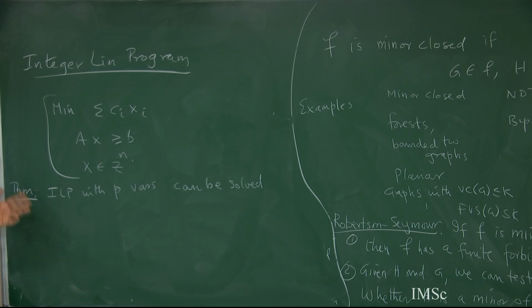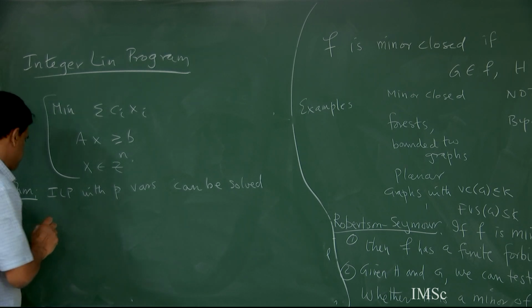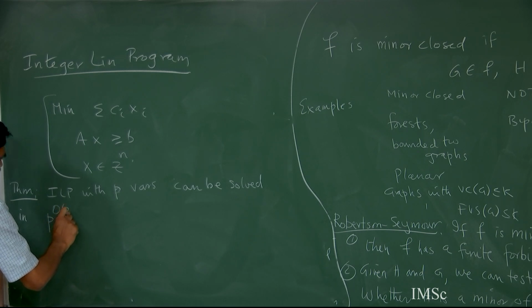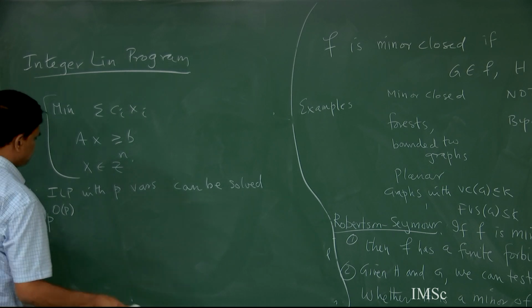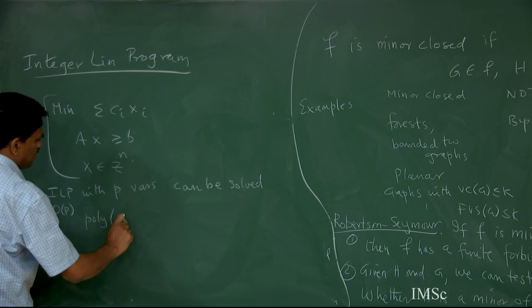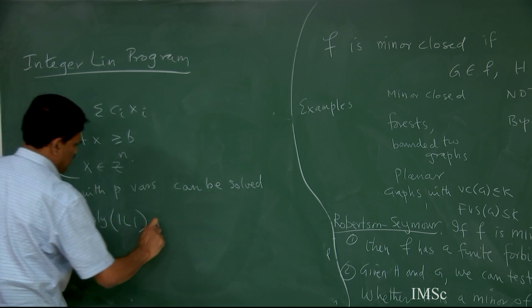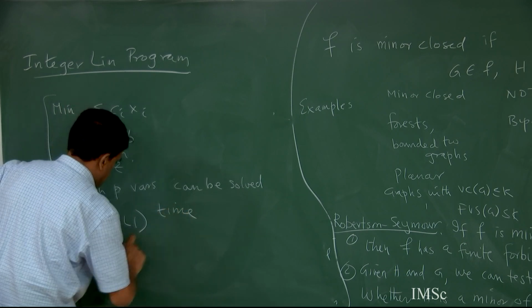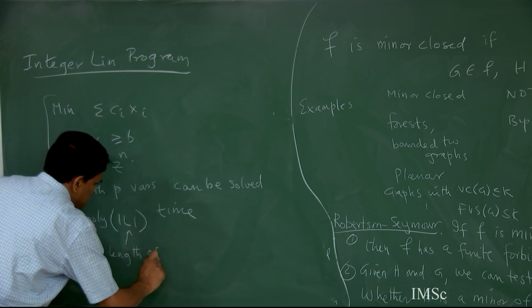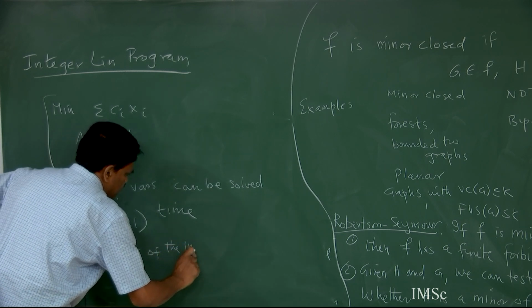But what we know is that it is fixed parameter tractable with respect to p, the number of variables. It can be solved in p power order p times some polynomial in the length of the instance.